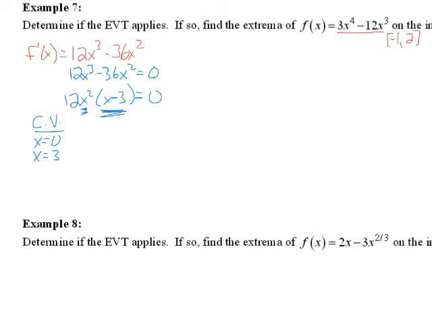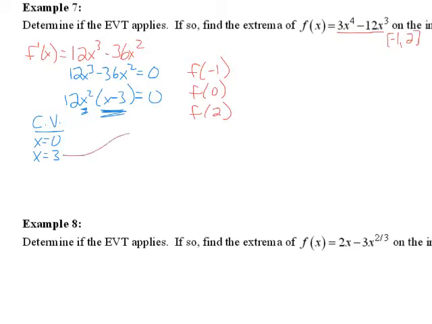So step 3 for the closed interval method is to find the function values at the endpoints and at the critical values. So we need to find f of -1, because that's an endpoint. We need f of 0, because that's a critical value, and f of 2, because that's the other endpoint.